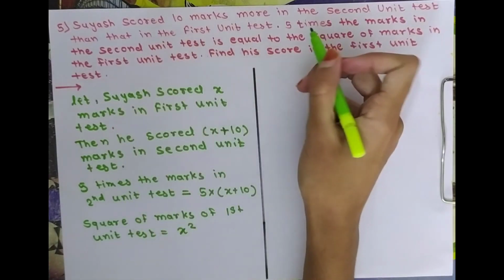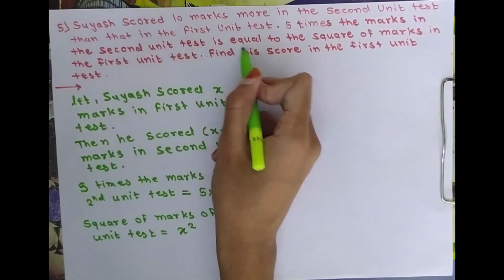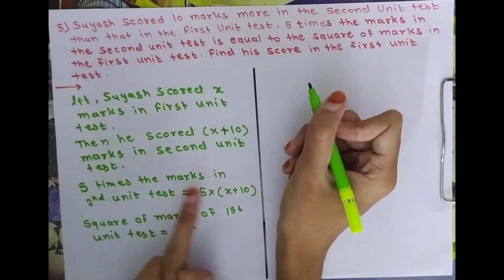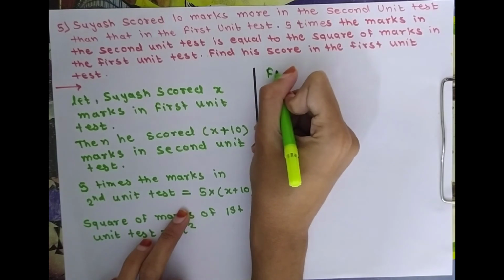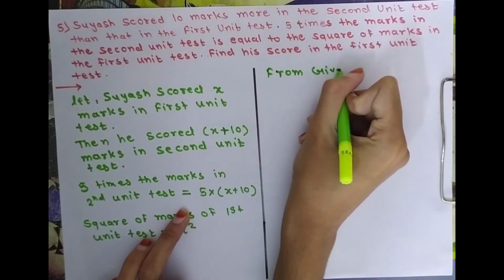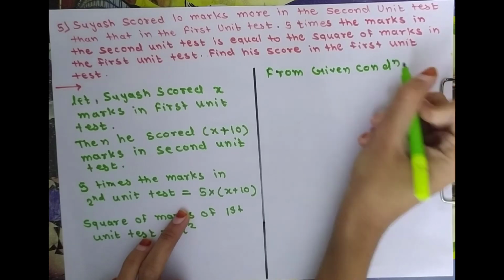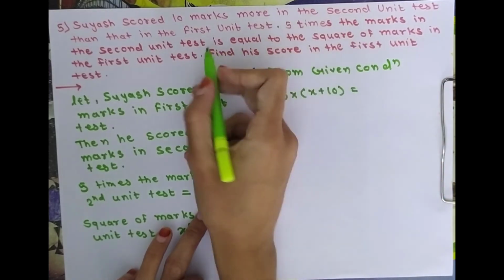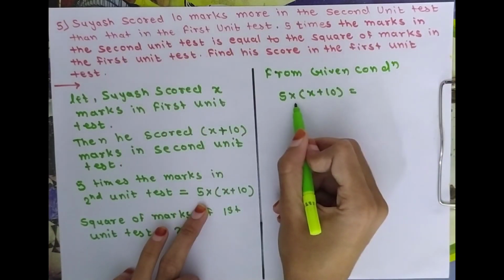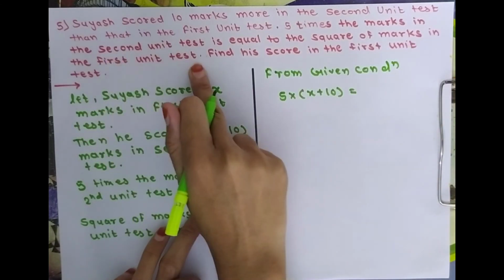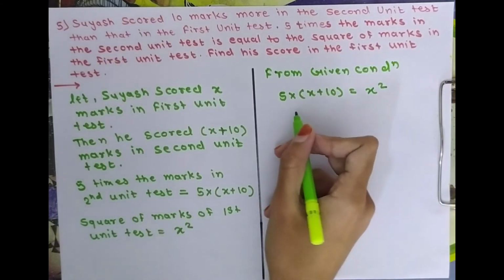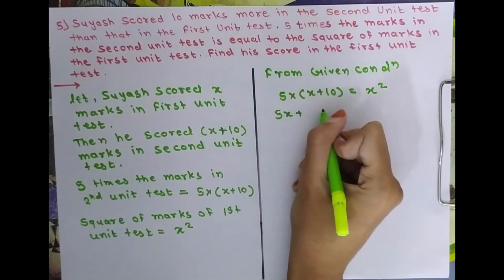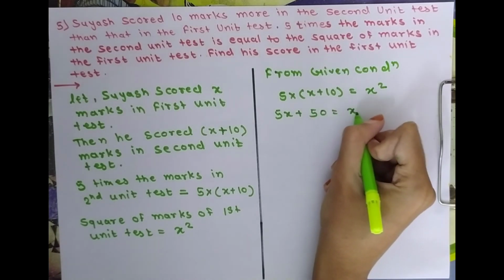So here condition what given, 5 times marks in the second unit test is equal to the square of marks in the first unit test. So look, from given condition, this equal to 5 into x plus 10 is equal to the marks in first unit test, x square. Understand? So solve this. 5x plus 5 into x is 5x plus 5 into 10 is 50 is equal to x square.